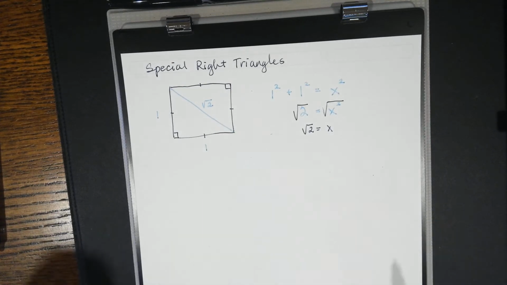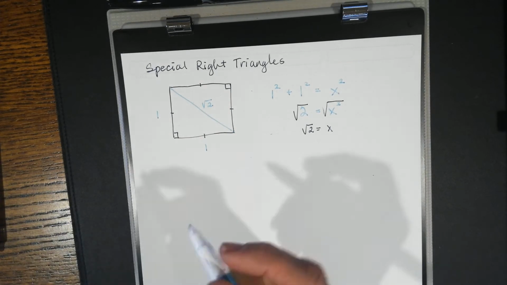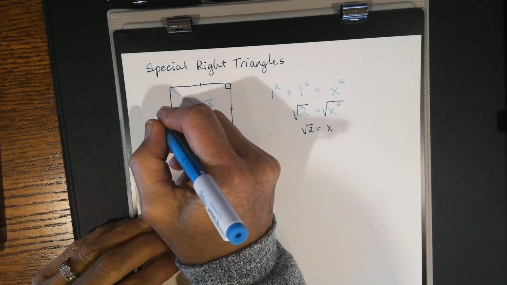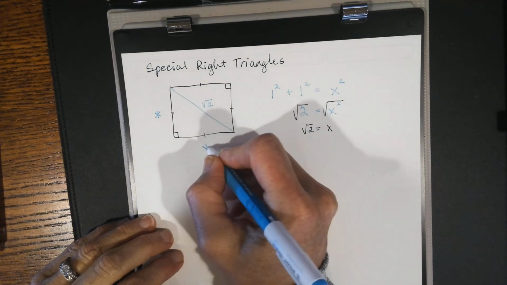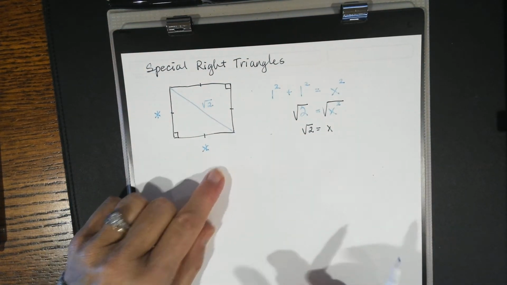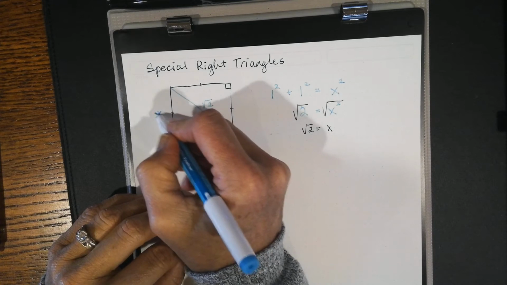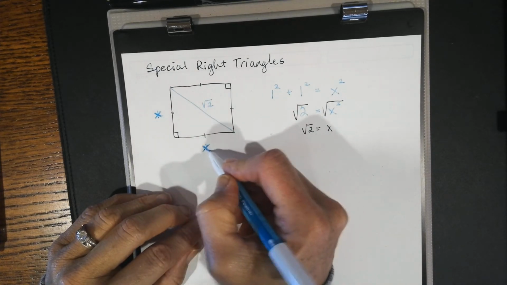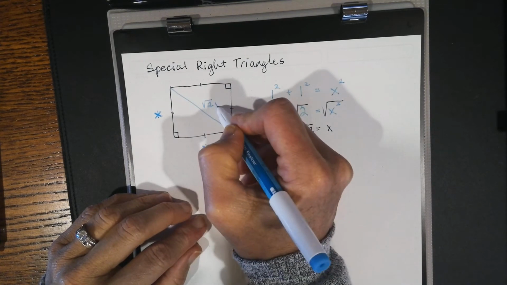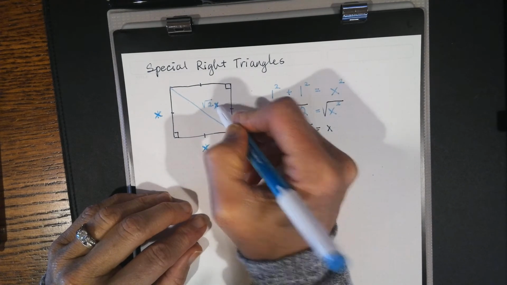We've talked about similar triangles already before. And so these are in this proportion: if this is x and this is x, then this is root 2 times x.